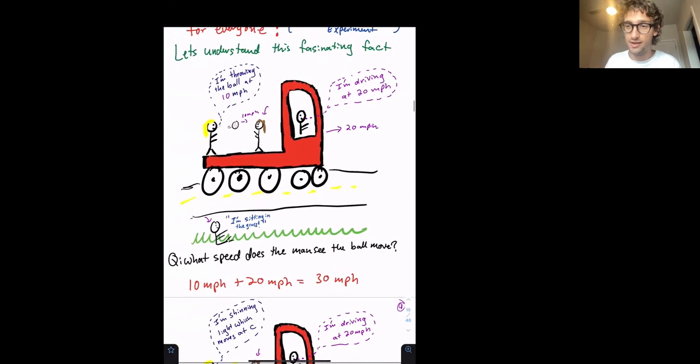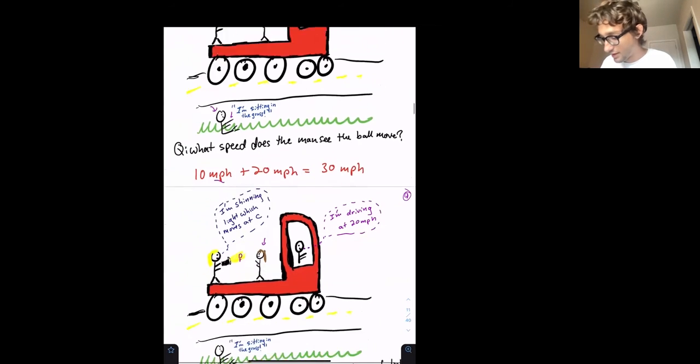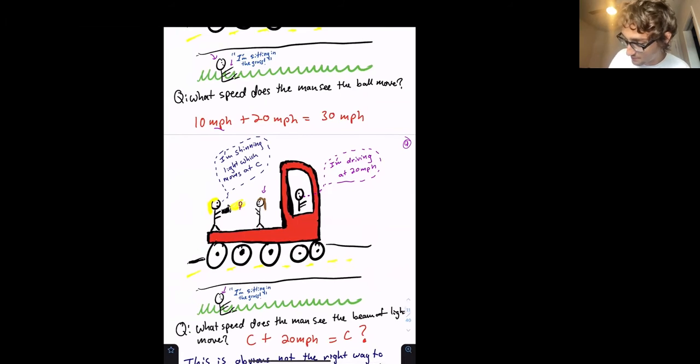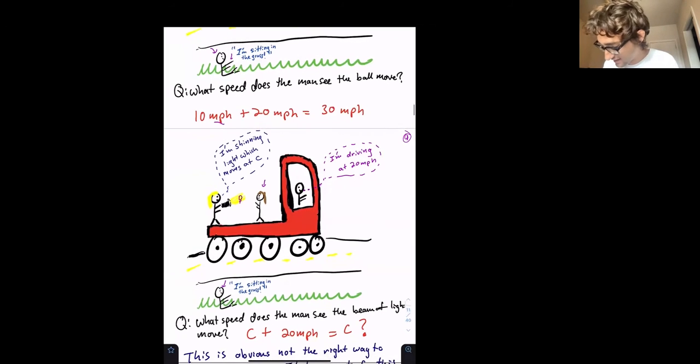According to our relativity before Einstein, Galilean relativity, relative to this guy the ball is moving at 30 miles per hour, and relative to her the ball is moving at 10 miles per hour. But what's special about special relativity is that according to him, this beam of light is moving at c, the speed of light, and according to her, this beam of light is also moving at the speed of light. So this equation doesn't really violate some math.